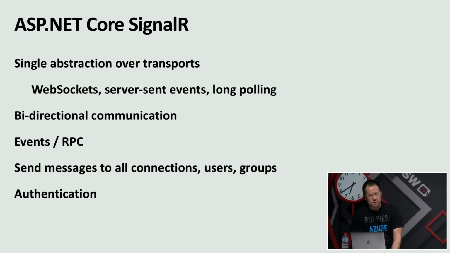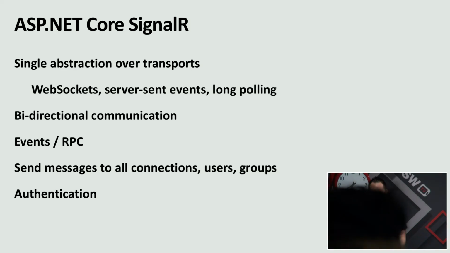All right, so this is a quick overview of what SignalR is. It's an abstraction over the transports that we talked about: WebSockets, server-sent events, and long polling. So for every connection, SignalR is going to figure out what transport is the best.